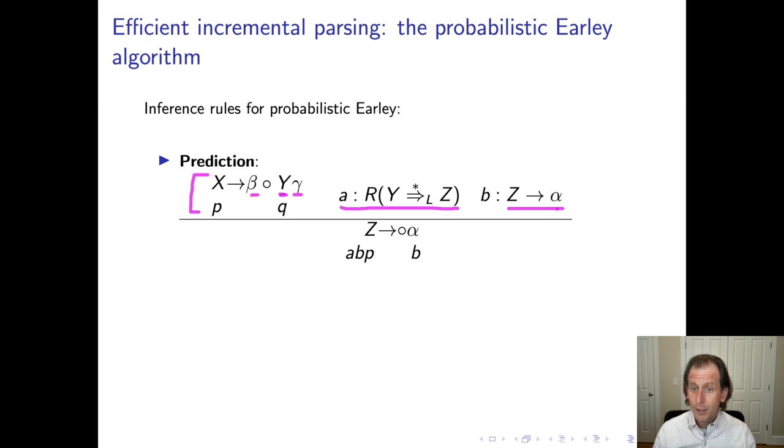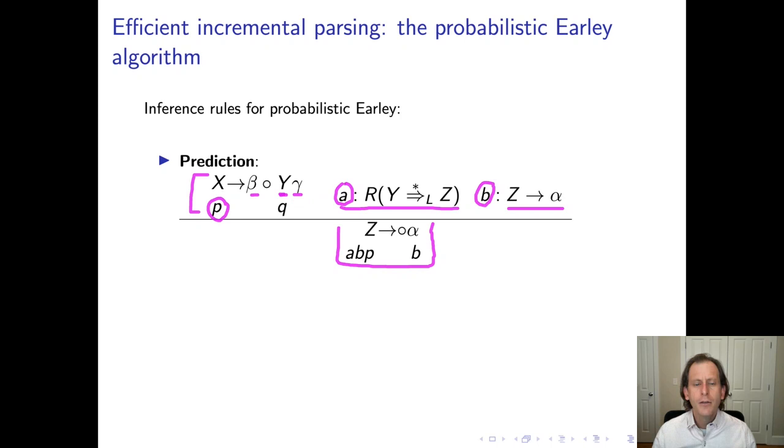This is a rule from the grammar that says with probability B, category Z rewrites as alpha, then I insert a state into my chart, which is predicted, and it has forward probability A from the closure matrix, B from the grammar, and P from the forward probability.